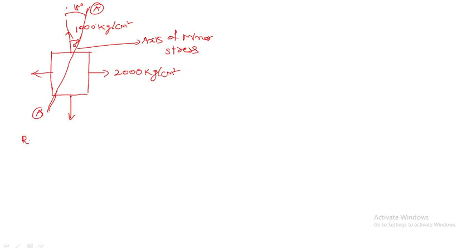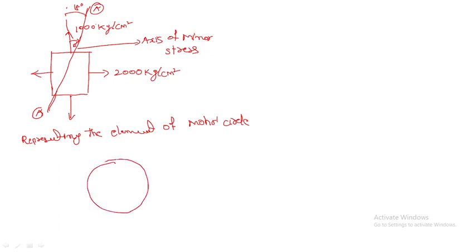Now representing the element on the Mohr circle, what does it represent? Let me draw so that you can understand easily. So this is a circle, right?